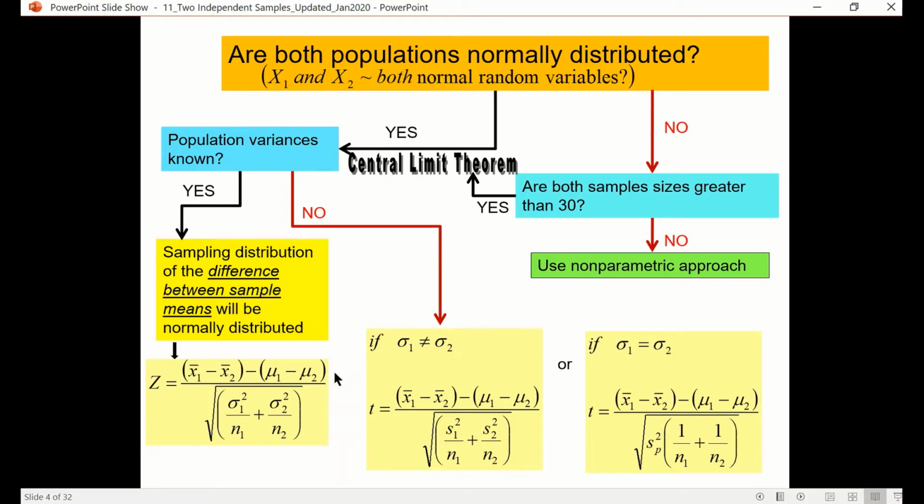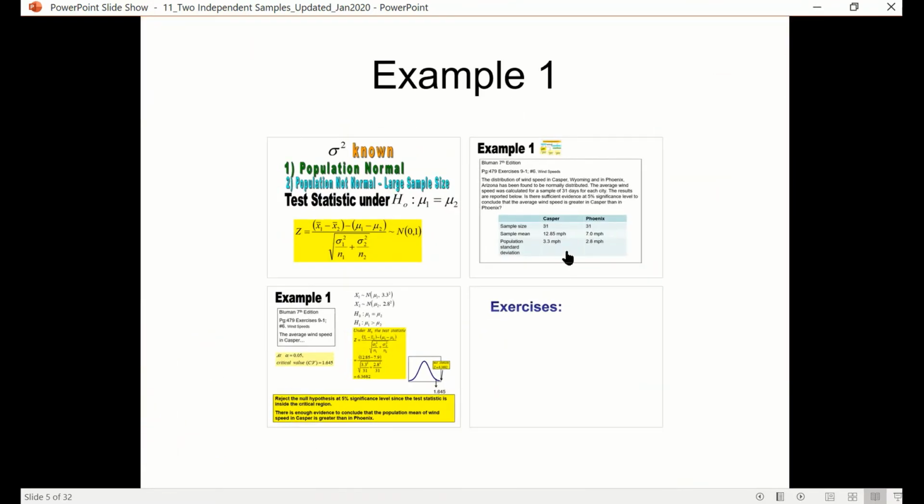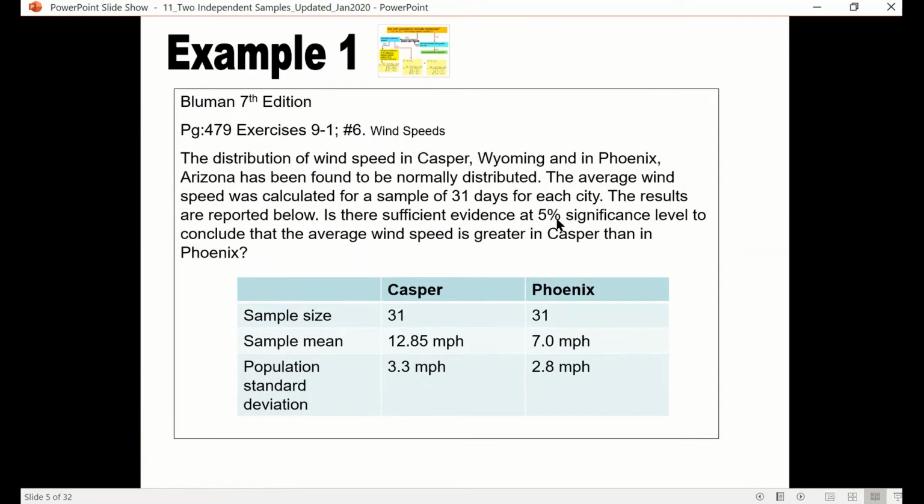Now let's look at the first example. The distributions of wind speed in Casper, Wyoming and in Phoenix, Arizona have been found to be normally distributed. The average wind speed was calculated for a sample of 31 days for each city. The results are reported below.